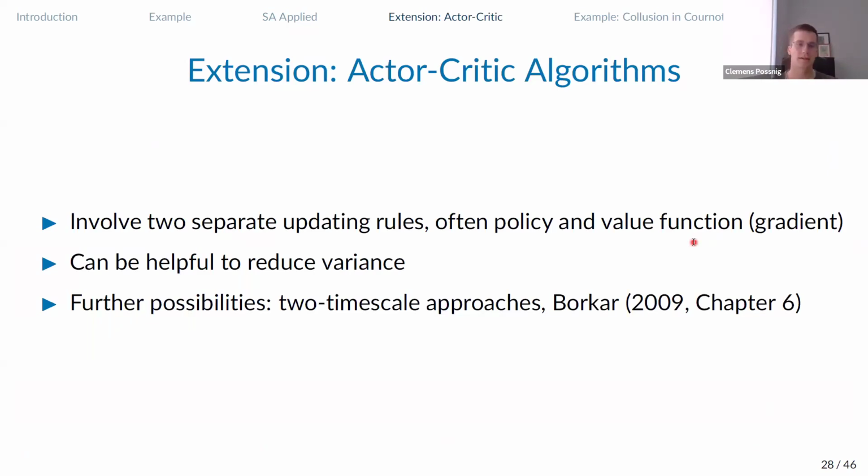These are algorithms that involve two updating schemes instead of one, which we've seen so far. And as the name suggests, one updating scheme is about updating a policy function, and the other updating scheme is an estimate of performance, for example, some kind of value function or the gradient of a value function or something like that.